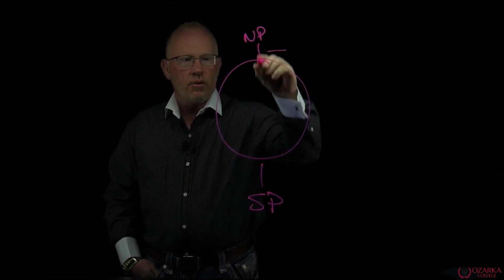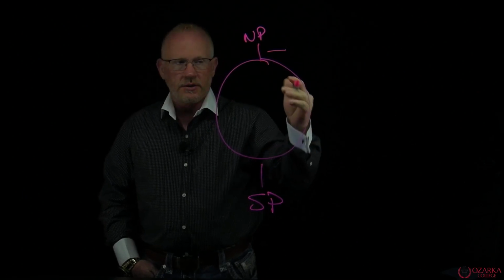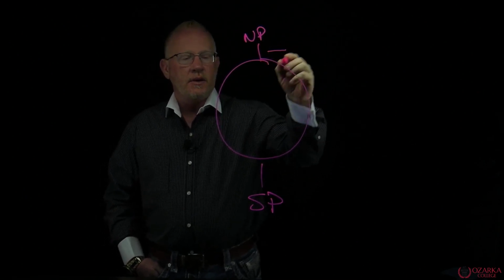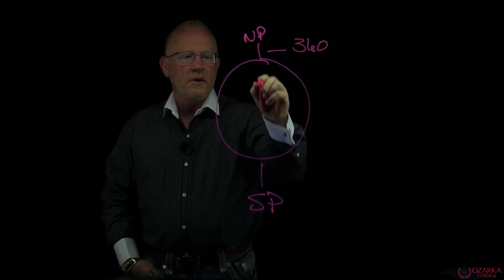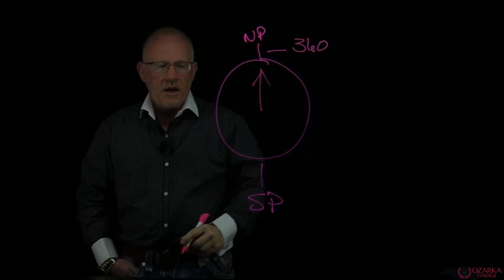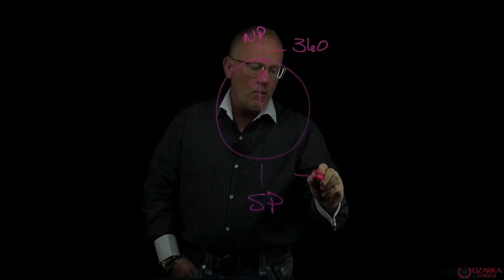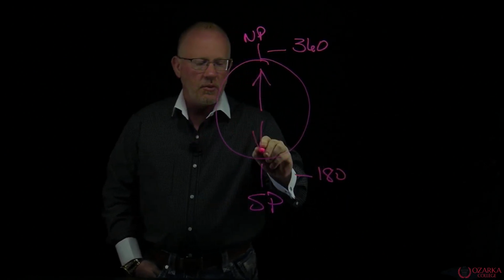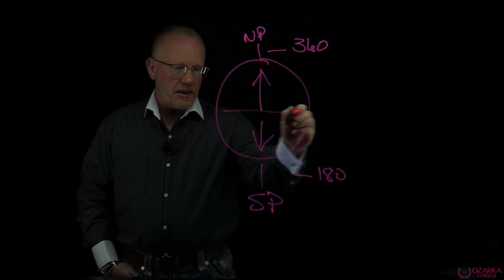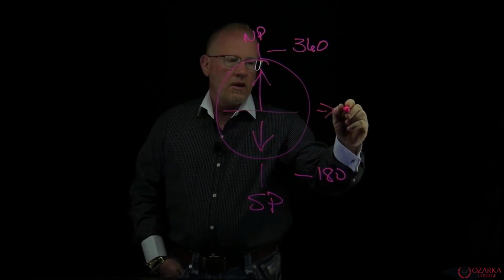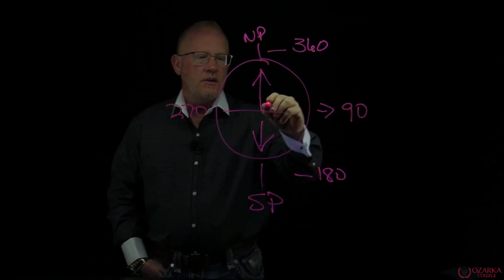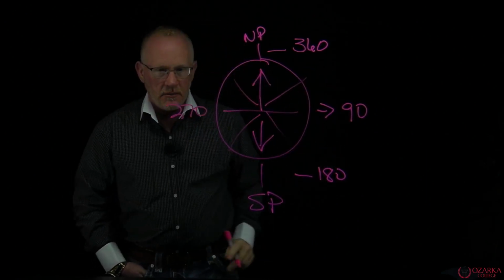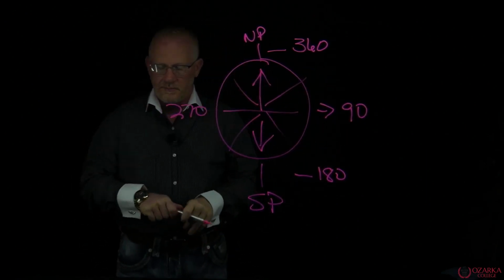So if you point to the North Pole, or any cardinal direction, any direction period. So if you get a magnetic direction of 360, that's pointing to the North Pole. If you get a magnetic direction of 180, that's pointing to the South Pole. And it does the same for east, west, and anything in between, okay?